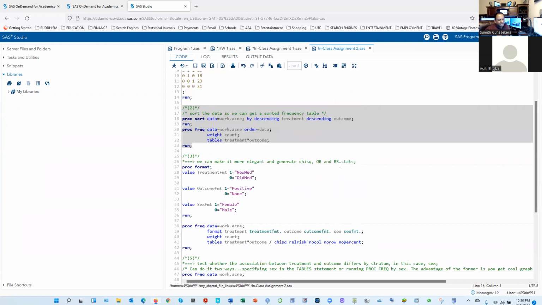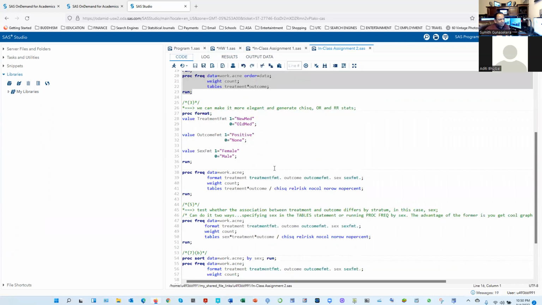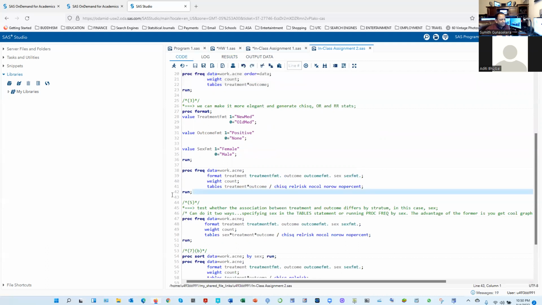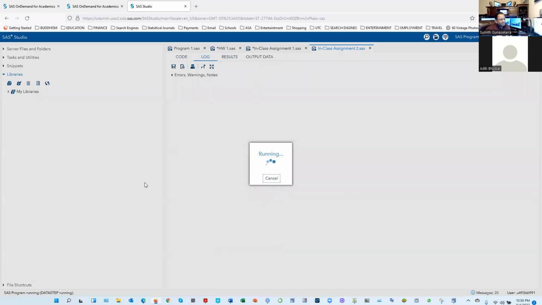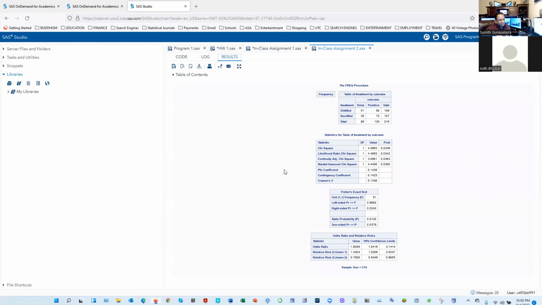Number 3, we can make it more elegant and generate chi-square and everything. See, the treatment format: new medication, old medication, positive, none. Female, male, like that. You can see clearly the outcome.